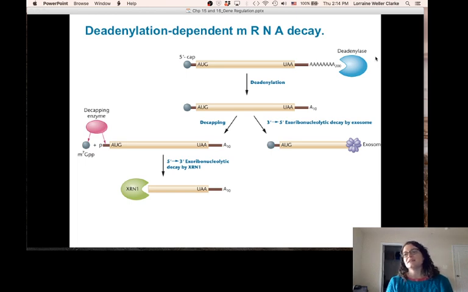The idea is that if you have a longer poly-A tail, then this deadenylase takes a little bit longer to break it down, so you can have multiple translations from one. But once it's broken down, there is ribonucleic decay, and also a decapping enzyme, and eventually it's broken apart for parts. Your body recycles everything, puts all the pieces together, and ships it back to be made into new mRNA. Okay.